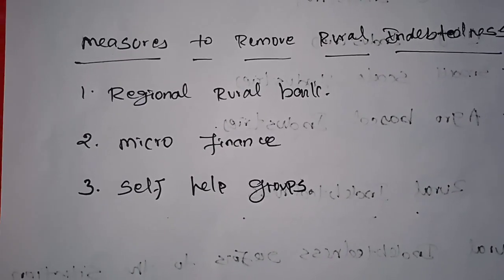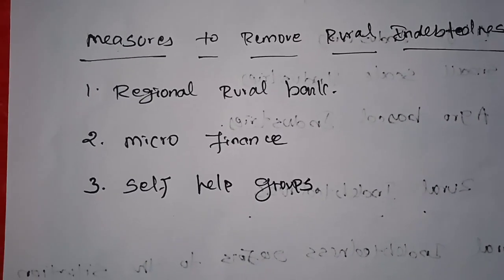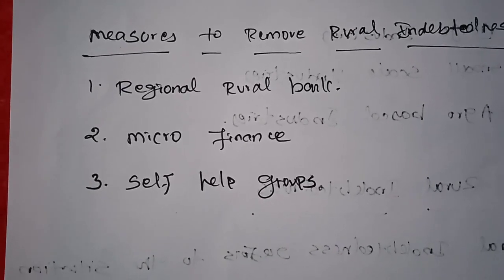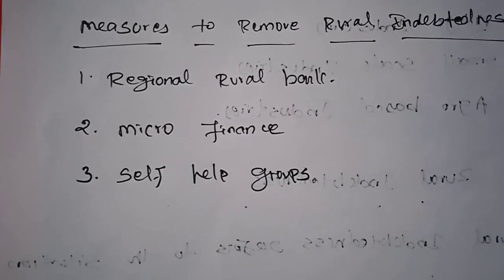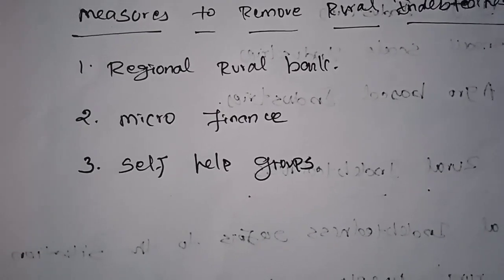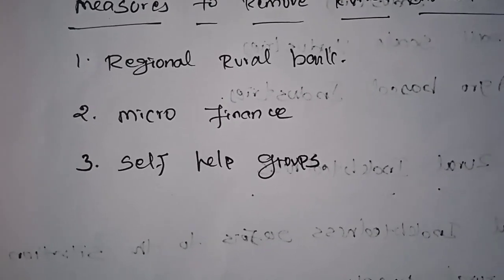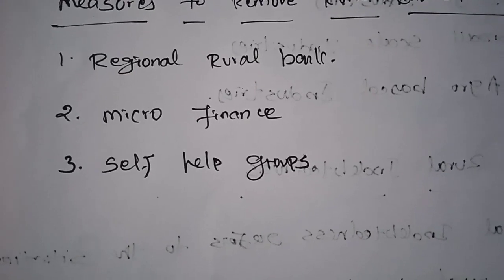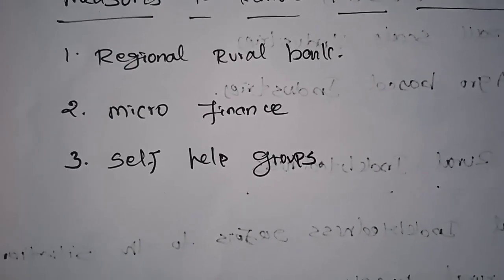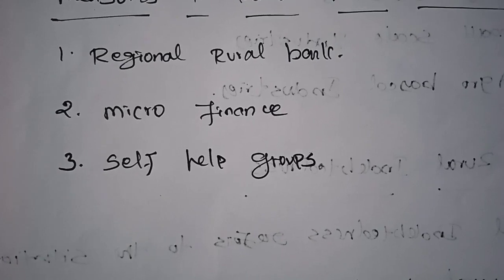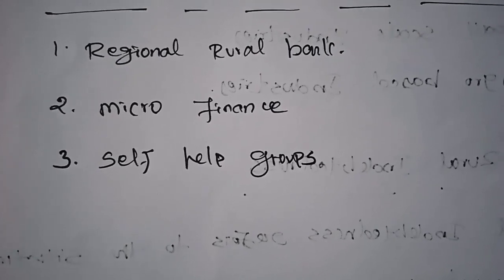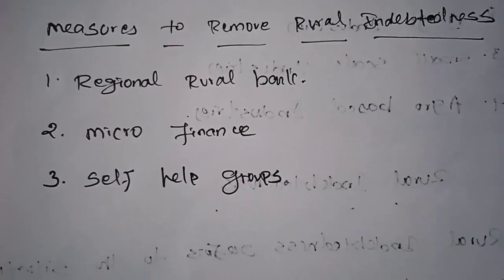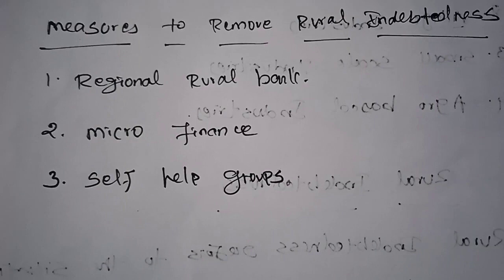Next, they have to arrange the development of rural banks, regional rural banks, and microfinance to provide financial facilities. Some banks are separately used by the government, such as the Mudra Bank, the NABARD Bank and the microfinance banks. Three types of banks are established by the government.